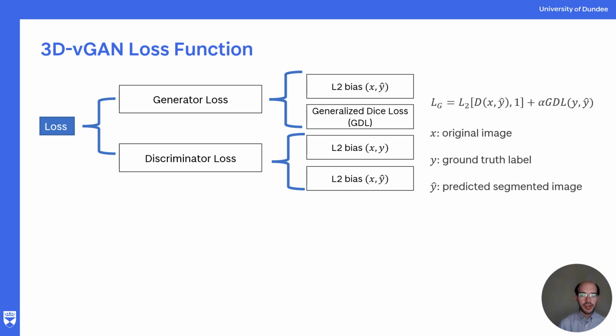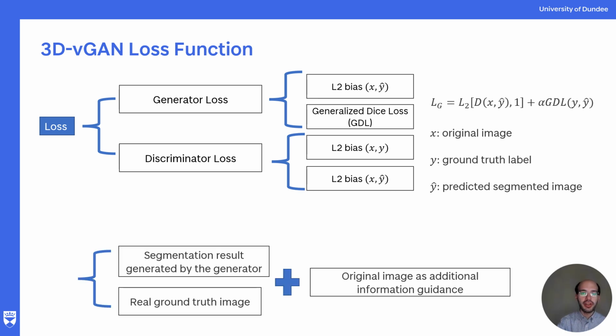The discriminator loss is constituted by the L2 bias for the original image, so there is the guidance, and the label, and then the bias between the true label and the predicted one. So the key component here is the fact that to improve the min-max training, we guide the discriminator loss using the information coming from the original image, and this is also encapsulated in the generator loss.